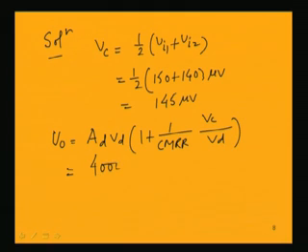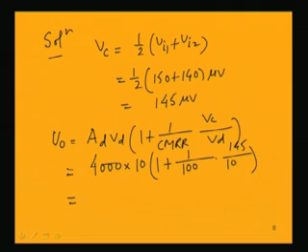So, 4000, Vd we have found out to be equal to 10 microvolt. All are in microvolts, so I need not repeatedly write the units. So, 1 plus 1 by CMRR is 100, into Vc is 145, Vd is 10.